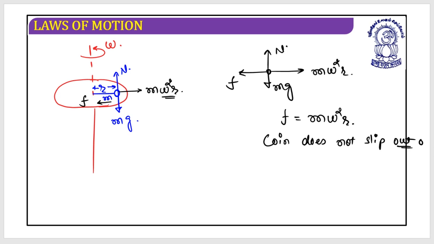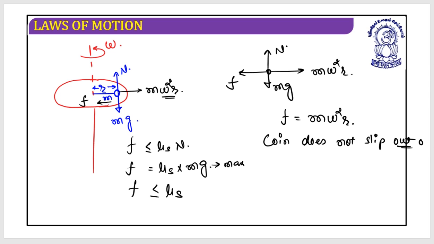Now what is the value of friction? We understand that f should be less than or equal to mu s into N. In this situation, if I take the maximum value, it would be mu s into mg. In reality, f should be less than or equal to mu s into mg.